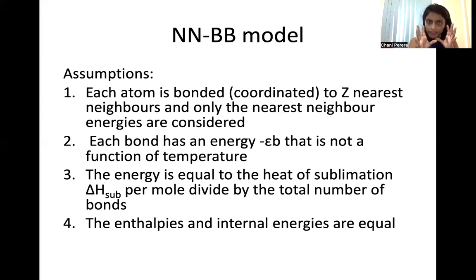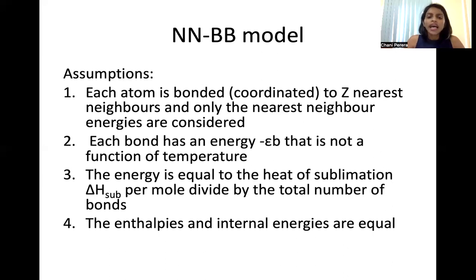Because of that, in this NNBB model, we only consider the nearest neighbors. Only the nearest neighbor will have a considerable force acting on the other atom, not the next nearest one. Only the nearest one.